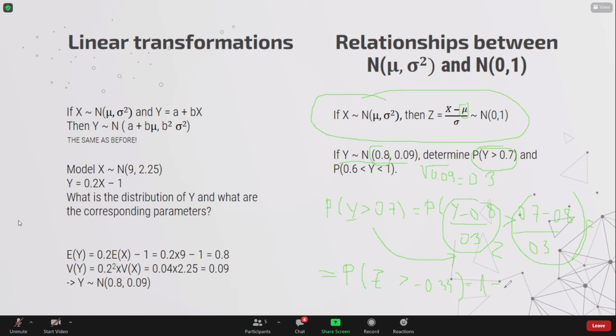Can you find in the table the corresponding area to minus 0.33?